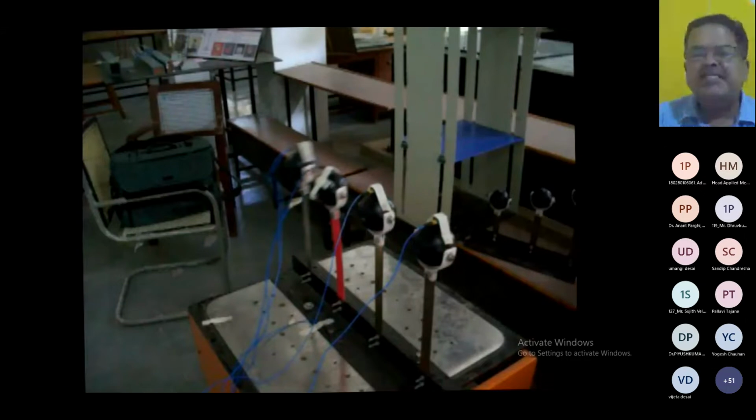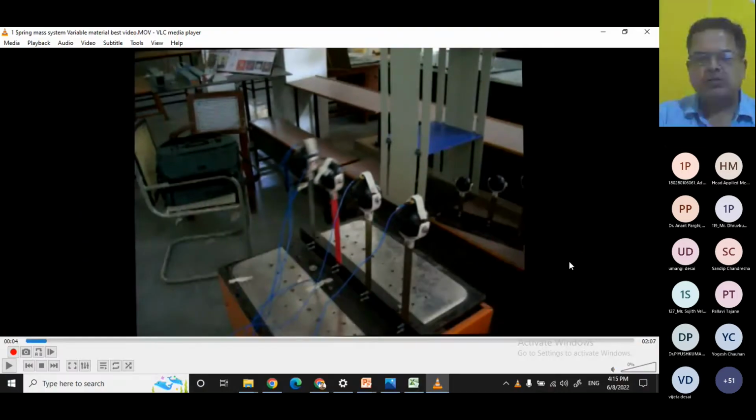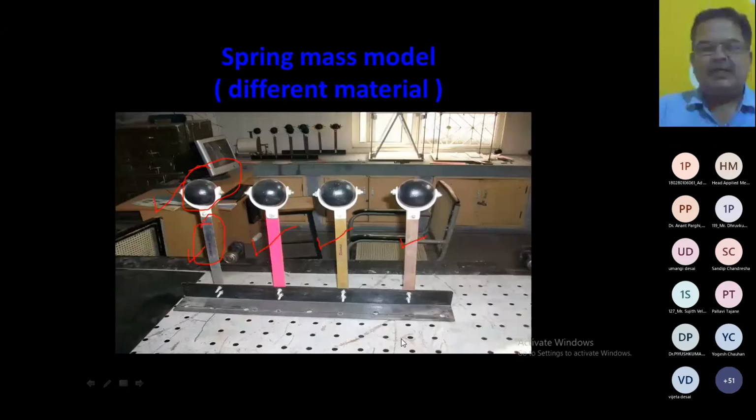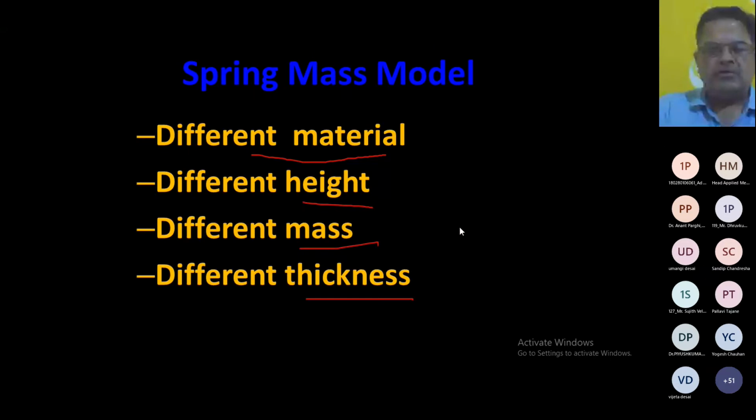Material means we are changing E, right? We are changing E. Okay, I'll explain that part because that is needed. You see here, if we change the material, we are playing with E. If we change the height, we are playing with the height of the structure or height of the column.